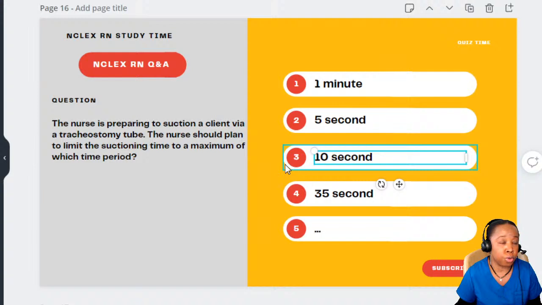So if you don't limit the amount of time you're suctioning, the patient will become cyanotic. Cyanosis is a sign of a lack of oxygenation. So you have to be very careful to suction the patient within the recommended time.